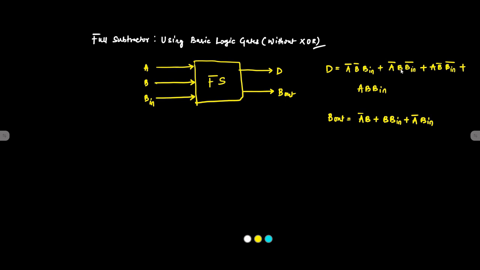And for this sum of products operation, these 4 min terms or product terms are ORed. So we have to use a 4 input OR gate to OR them together. And here we have to use 3 2 input AND gates and 1 3 input OR gate. So let us see how we will do this.